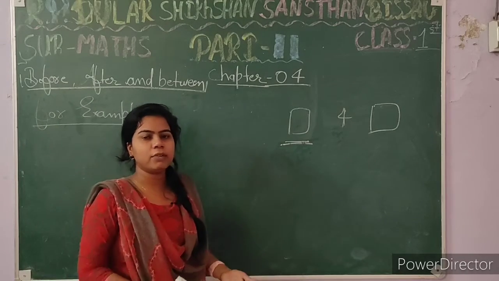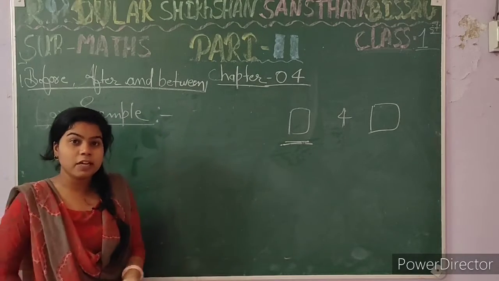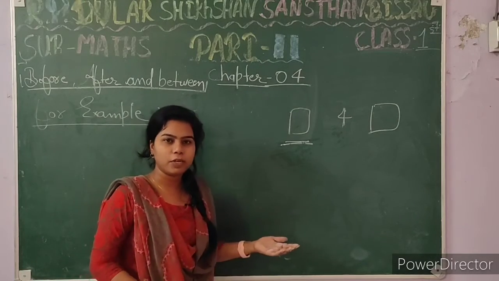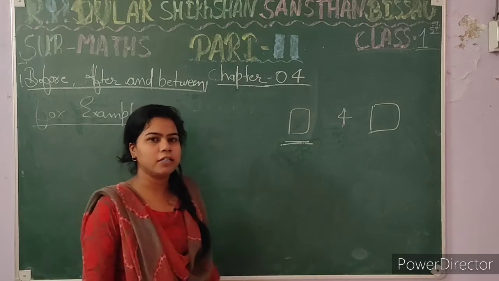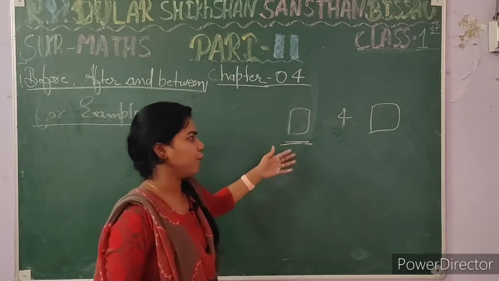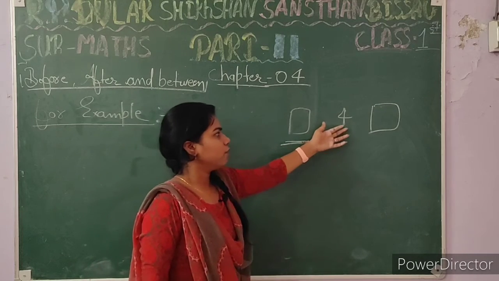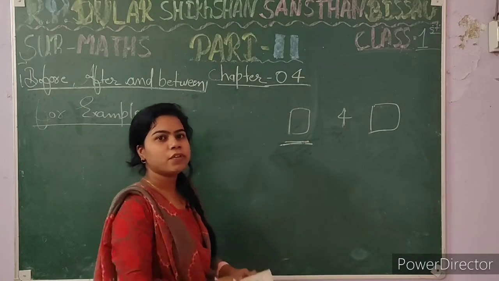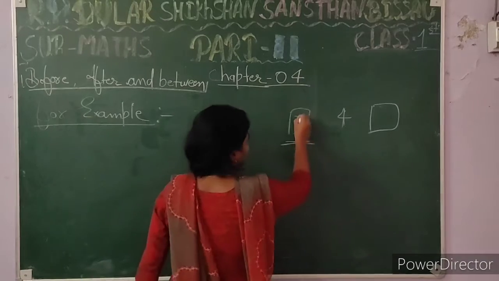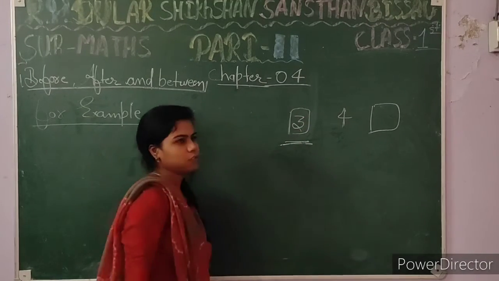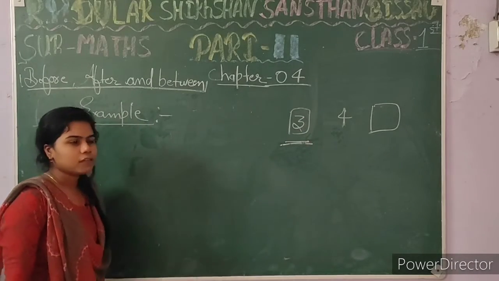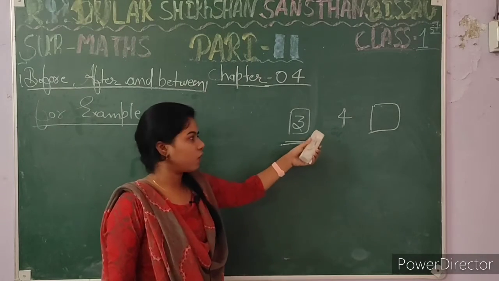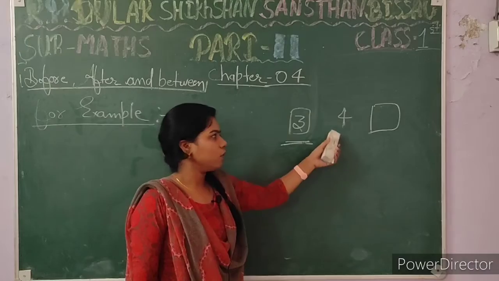Descending order means first the greatest one, then smaller, then smaller, then smaller. So in the case of before we use descending order. Which number becomes before 4? Students, we can write here 3. So we can say that 3 comes before 4.